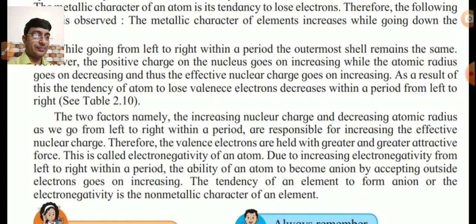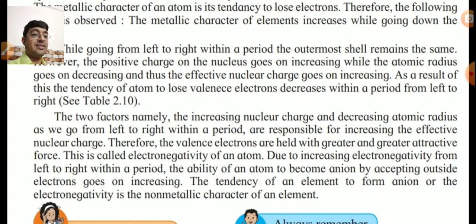Underline that. Due to increasing electronegativity from left to right within a period, the ability of an atom to become anion by accepting outside electrons goes on increasing. The tendency of an element to form anion or electronegativity is the non-metallic character of an element.